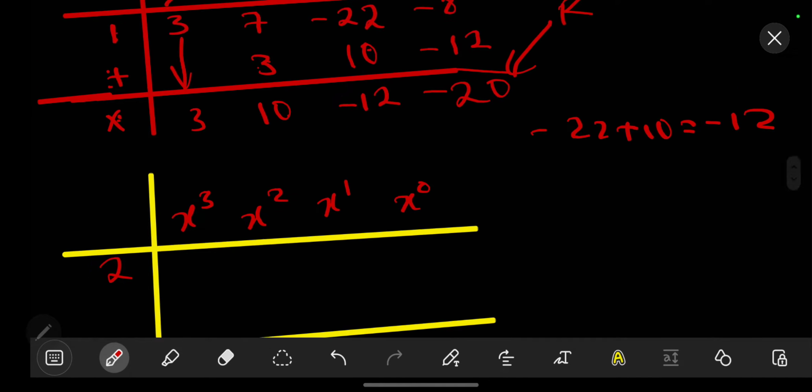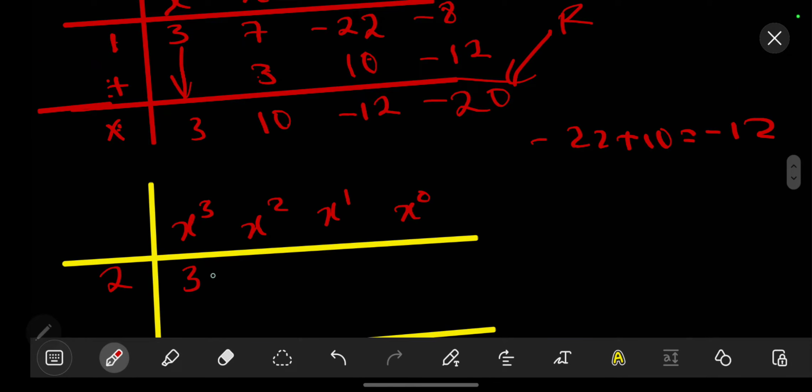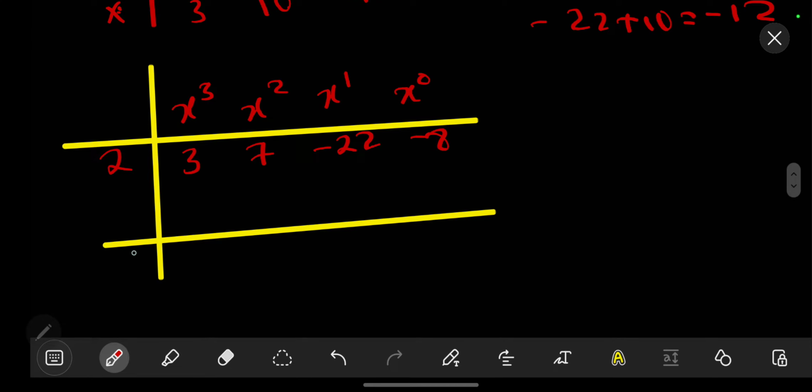Let's try our 2. So the values that are there, we have a 3, we have a 7, negative 22, we have negative 8. So here you are multiplying, here you are adding. Drop the 3. So we have 2 times 3. This will give us a 6. 7 plus 6, this will give us 13. Multiply 2 times 13, which will give us a positive 26.